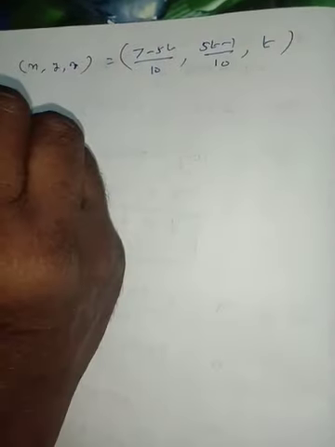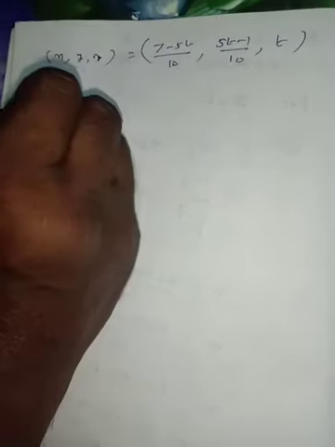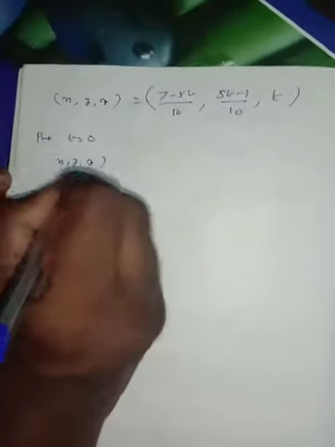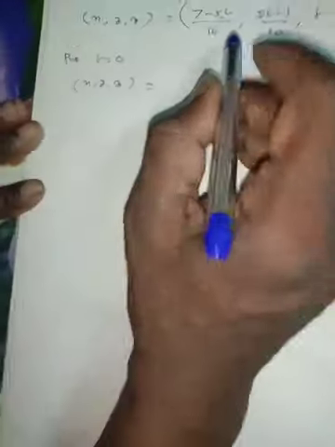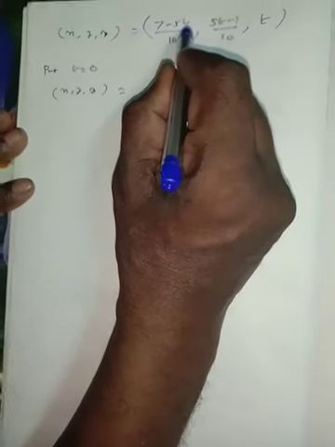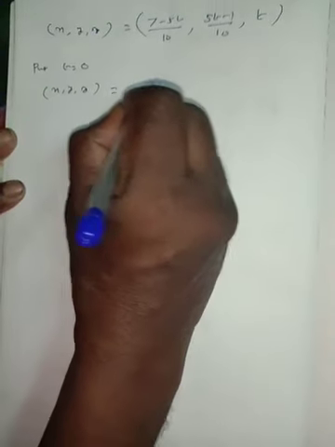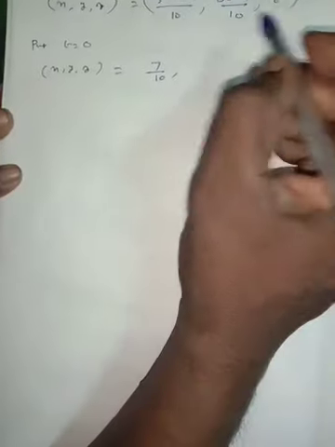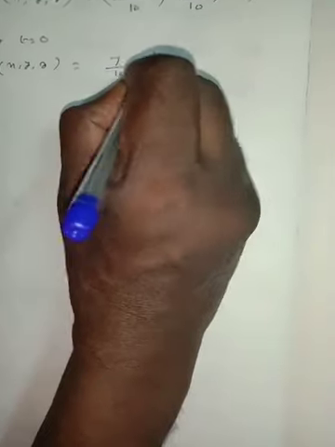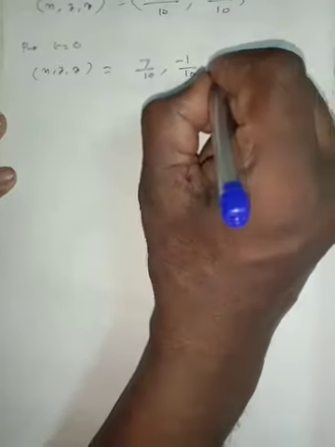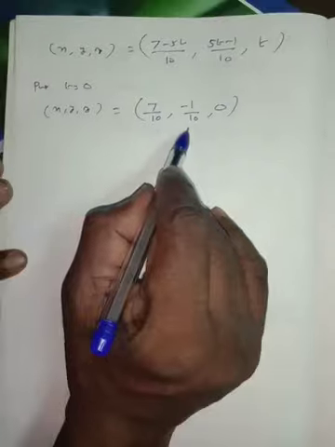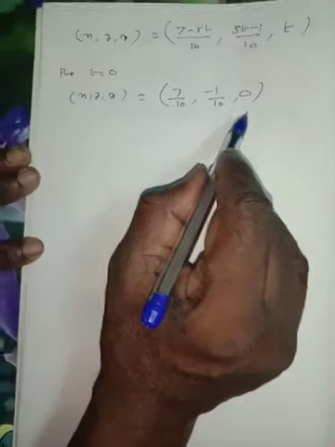Put t is equal to 0; 0 belongs to the real number set. Therefore x, y, z is equal to 7 minus 0 is 7 by 10, comma, 0 minus 1 by 10, comma, 0 is a solution.